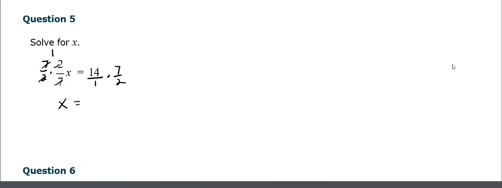And on the right-hand side, you can multiply first or you can reduce. I'm going to reduce. 2 goes into 2 one time and into 14, 7. So now I multiply straight across. 7 times 7 is 49. And 1 times 1 is 1. Any number over 1 is the number itself. So my answer would be 49.